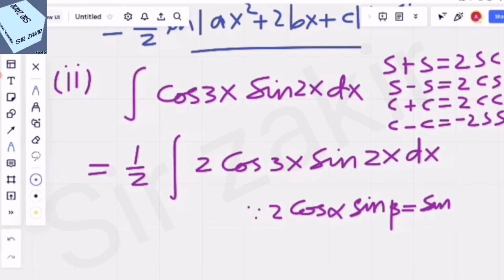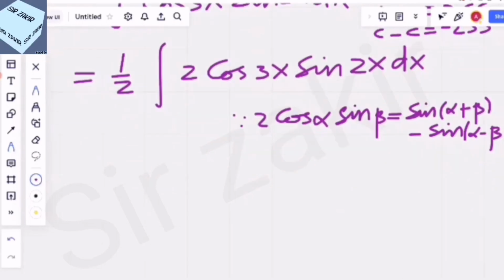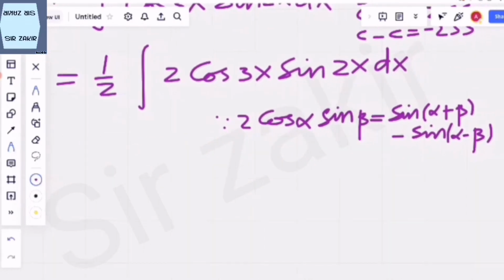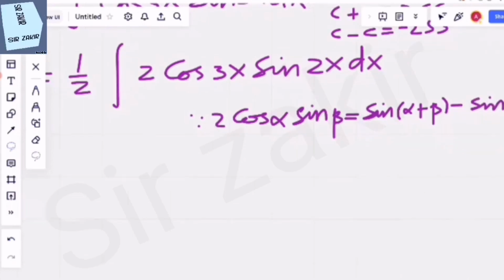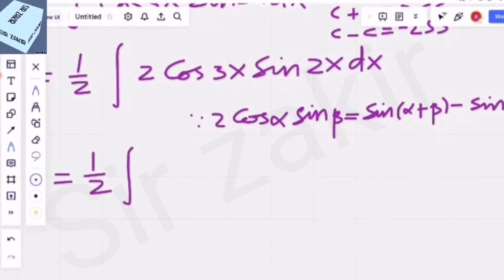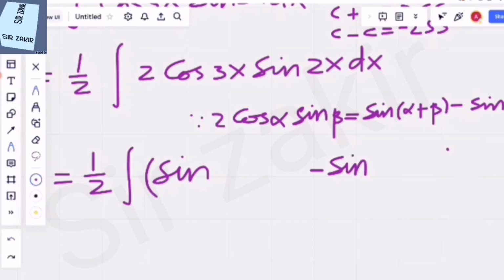So this is sine alpha plus beta minus sine alpha minus beta. If we transform it into the other form, then it becomes sine minus sine. So this is 2 cos sine equal to sine minus sine.